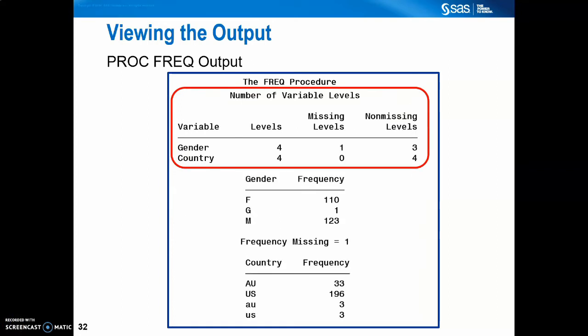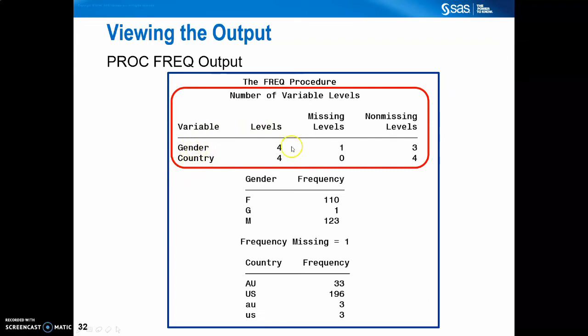Okay, this is the information given after we submit the PROC FREQ step when we are using the NLEVELS option, in which we have the levels for each of the variables here.